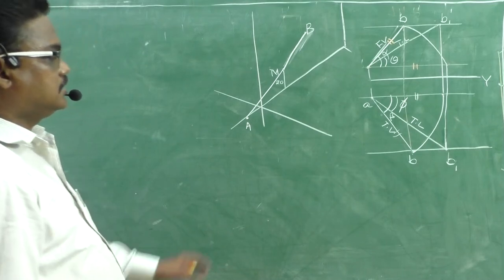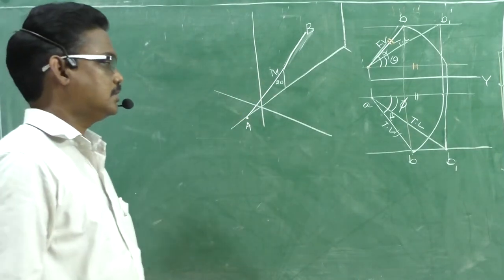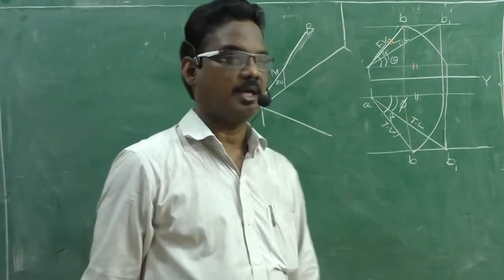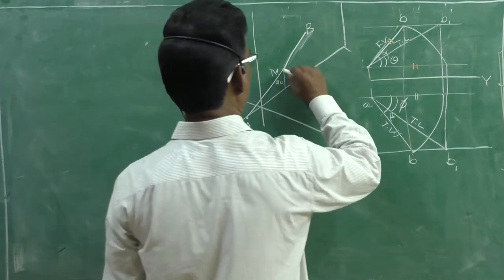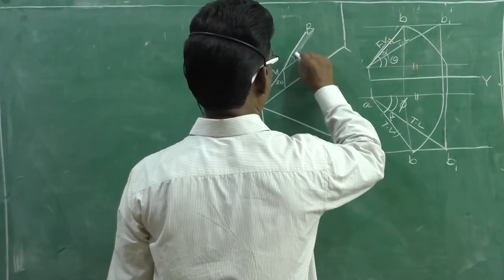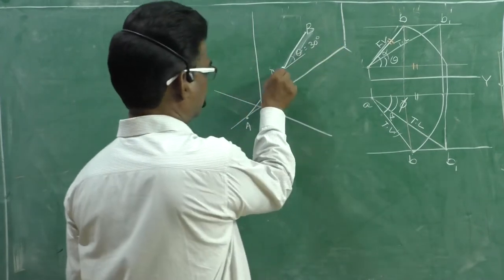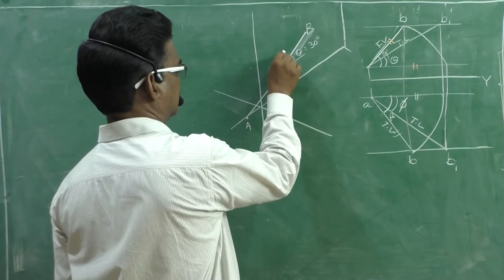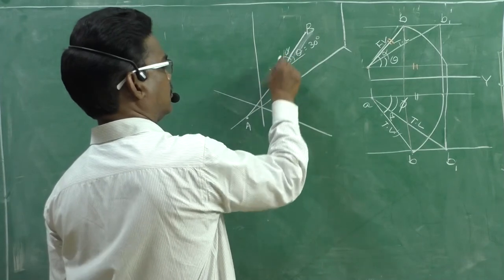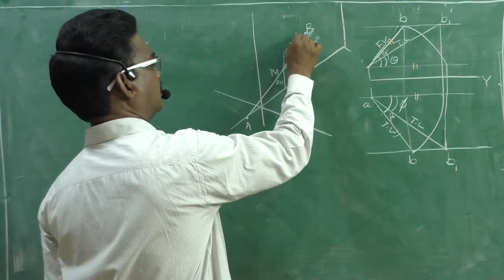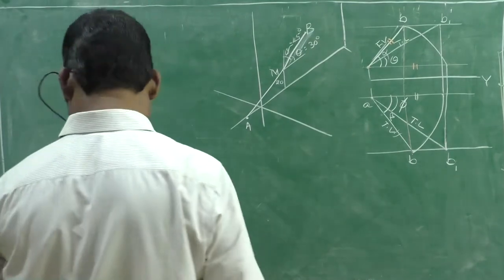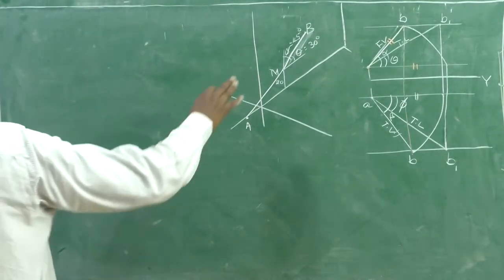This is the position of the respective line, and it makes an angle of 30 degrees, theta equal to 30 degrees, and phi equal to 45 degrees. Right. Now this is the imagination.